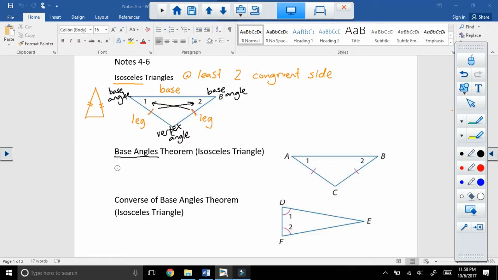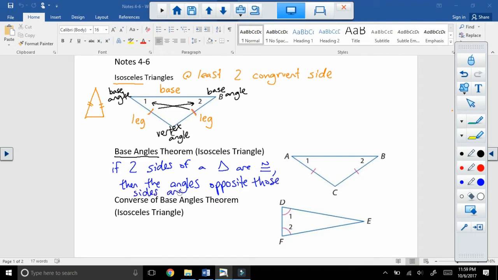What it says is that if two sides of a triangle are congruent, in other words, if you have an isosceles triangle, then the angles that are opposite those sides are congruent also.